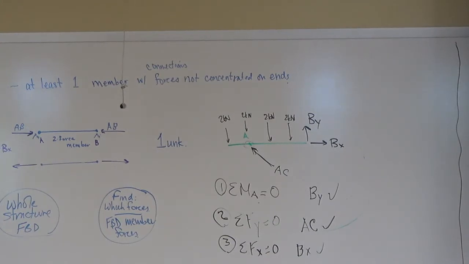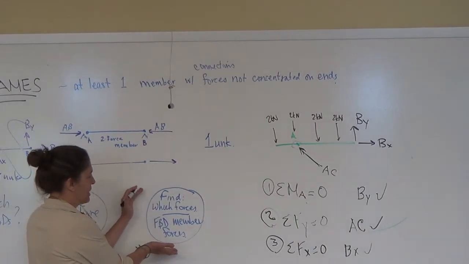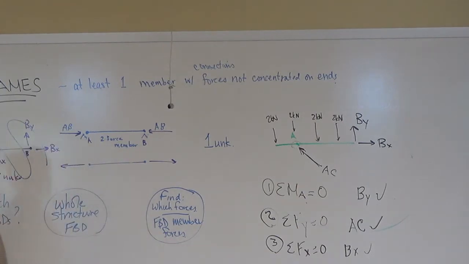So on frame problems, typically you are going to do a free body diagram of the whole structure and then a free body diagram of whichever member the forces are in, and minimize it. Any questions on frames? Angelina?